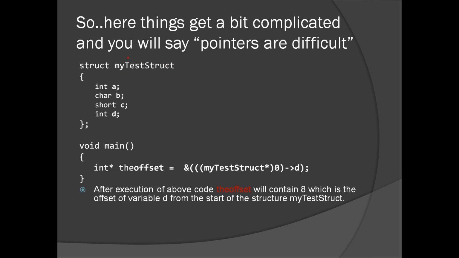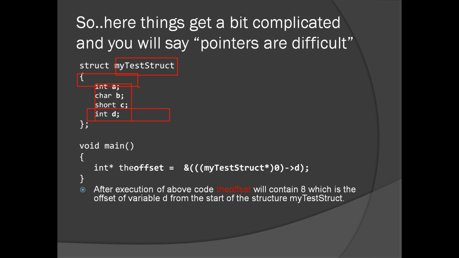So this is the name of the structure data type, and I have 4 members in it: int a, char b, short c, and int d. So what I want is the offset of this variable or this member from the beginning of the structure.